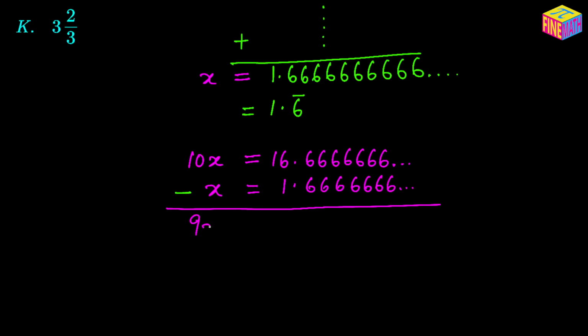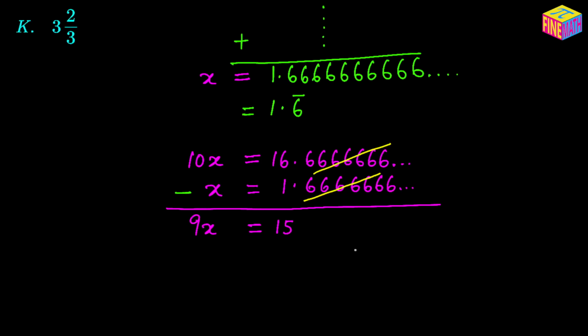So this would be 9x, and that will be equal to, if you think about the repeating decimal digit, that decimal portion will cancel each other, because it's the same digit repeating infinite times. So on the subtraction, finally we are going to end up with 16 minus 1, that will be 15. So this is actually 15.0, or just 15, right?